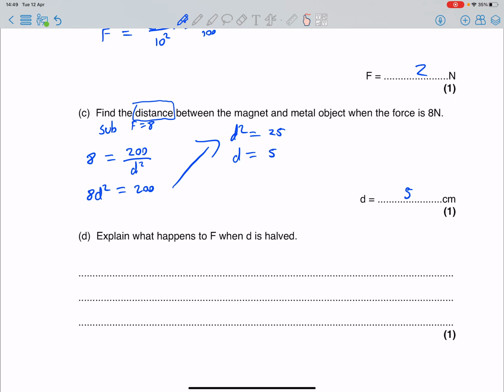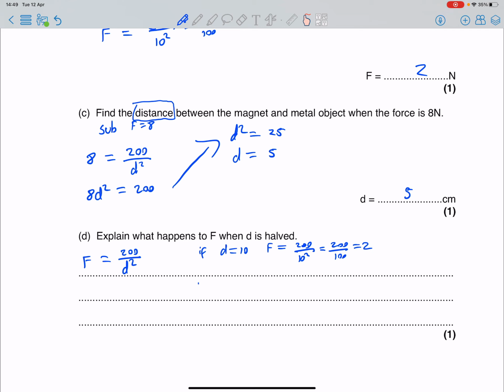Explain what happens to f when d is halved. So we know that our formula was f is equal to 200 over d squared. A good way to do this is just pick two values of d. Suppose d equals 10, then f equals 200 over 10 squared, which is 200 over 100, which equals 2.